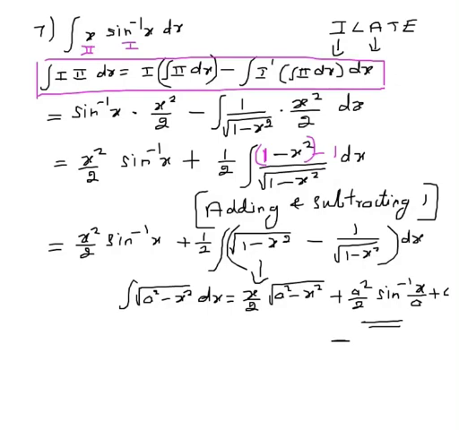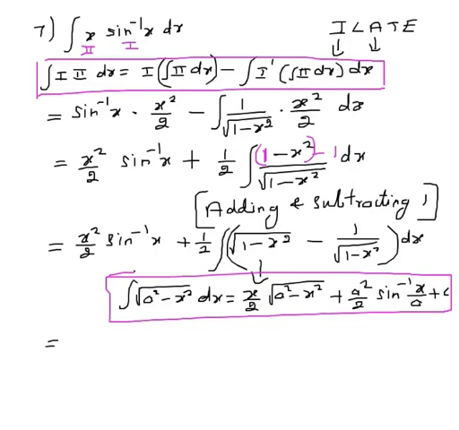But if you use cos inverse, this sign will be negative. It will become minus a square cos inverse of x by a. Because we have a formula, no? Sine inverse of x plus cos inverse of x is pi by 2. Using that, we can change this formula and write it in terms of cos inverse.